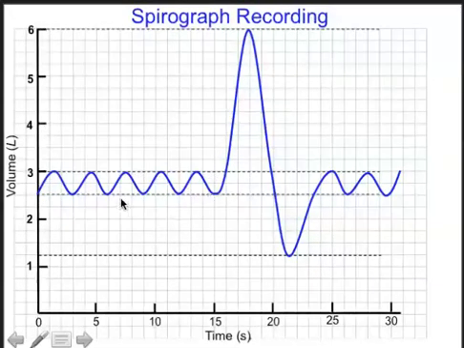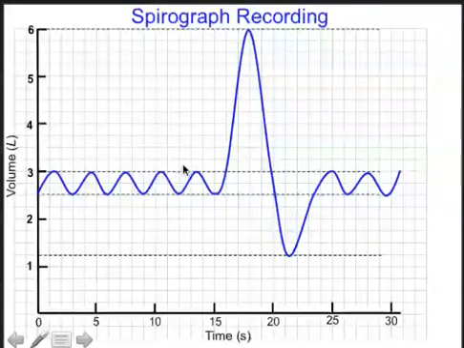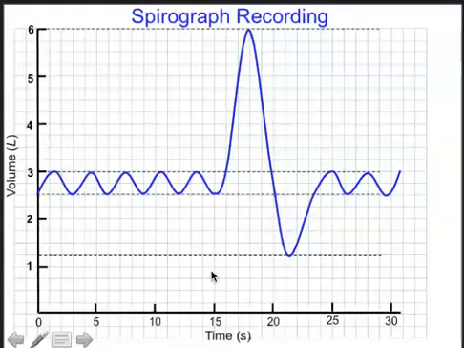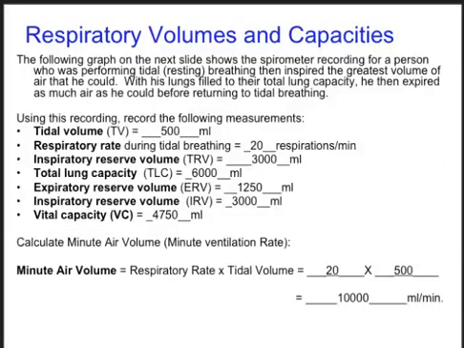So in 15 seconds, this individual took 1, 2, 3, 4, 5 breaths. Well, if they took 5 breaths in 15 seconds, the number of breaths that they would take in a minute would be 20. And that would be their respiratory rate in breaths per minute. So we can go ahead and add all these figures in. You can see that I've entered the data here.